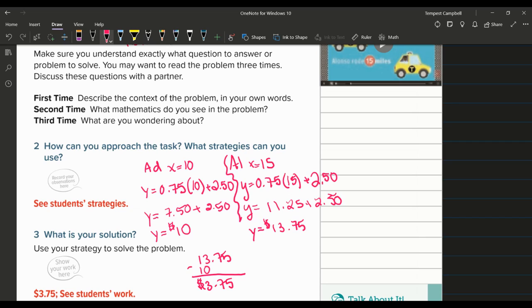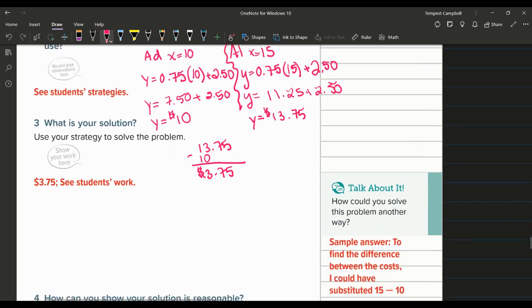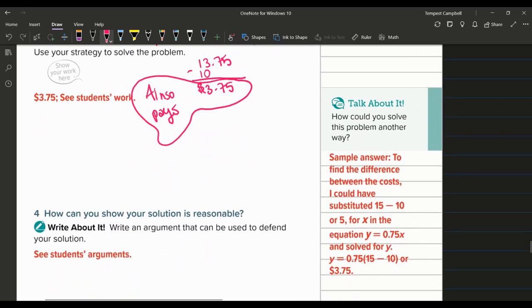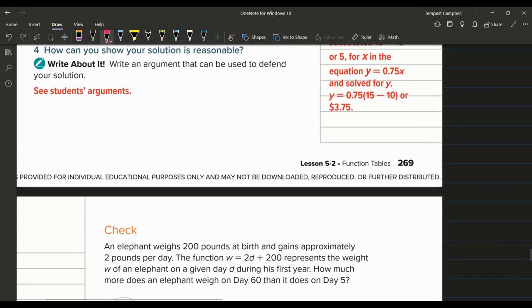So Alonzo's going to have to pay $3.75 more. Alonzo pays $3.75. Okay. So now what I want you to do is try this on your own.